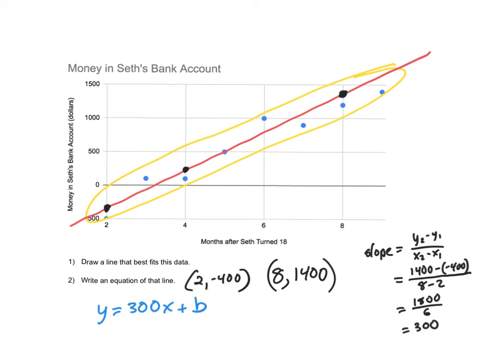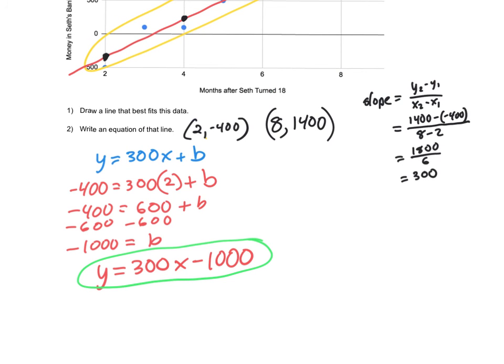I can use any point on this line and plug it into this equation here for x and y and then solve for b. So I might as well go ahead and use just one of these points that I have here. I've got x is 2 and y is minus 400, so plug in x is 2 and y is minus 400 and solve for b. So here we have it.